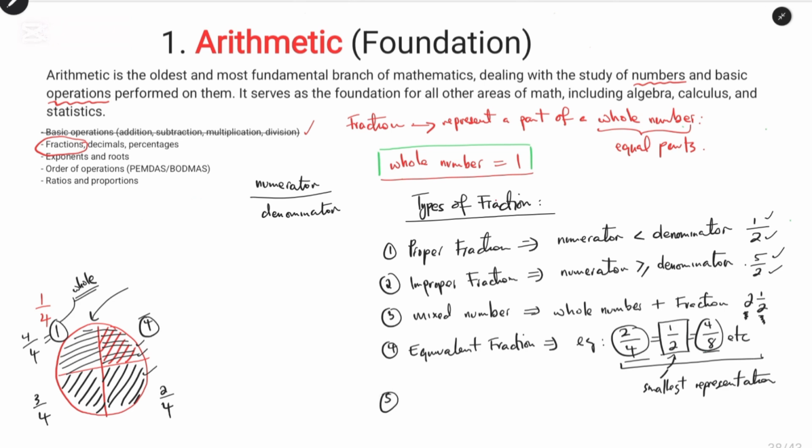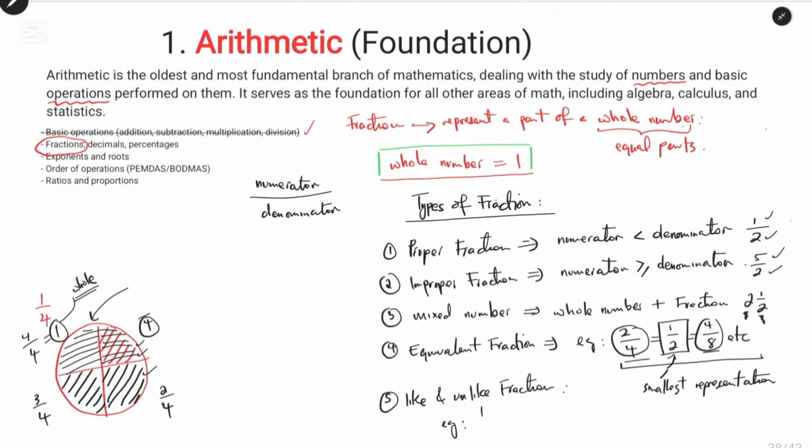And finally, we have like and unlike fractions. What do like and unlike fractions mean? Like and unlike fractions represent the same or different denominators.